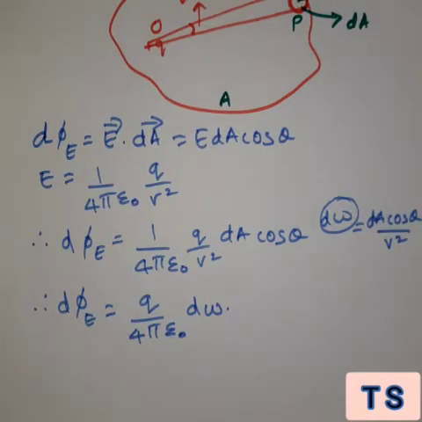If I want the total flux through this, I don't need d phi E, I need the total flux, so I need to integrate this, and we know it's a closed surface.